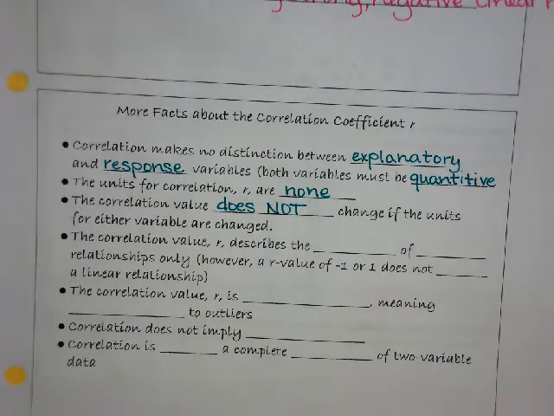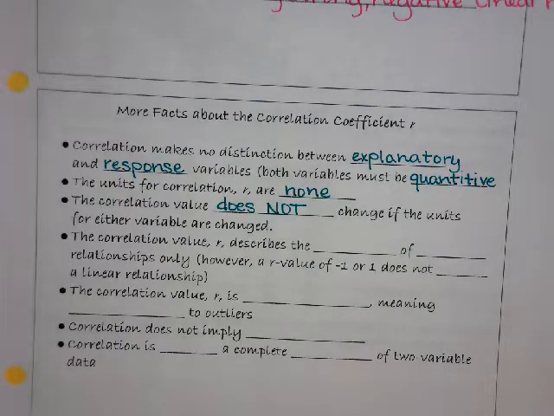You should end up with the same R value. Doesn't matter that you took hours and converted them to minutes. You get the same R value. The correlation value R tells you the strength. So the closer to 1 or negative 1 you are, the stronger your relationship.